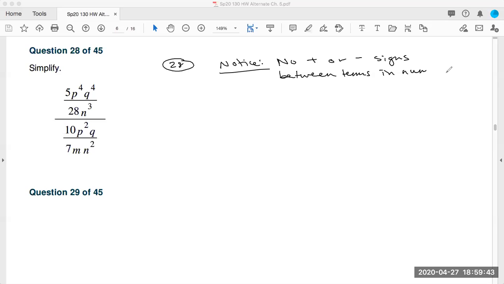In the numerator, let me color code this, and give myself a little space.